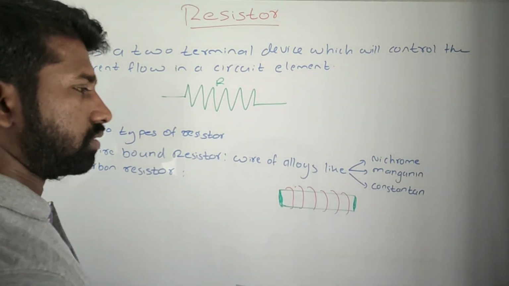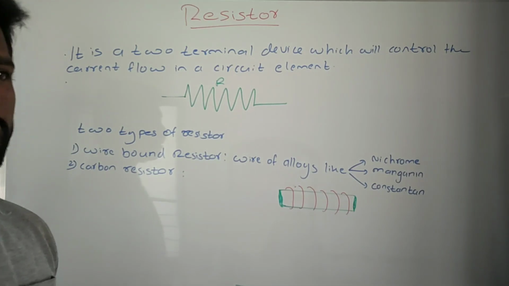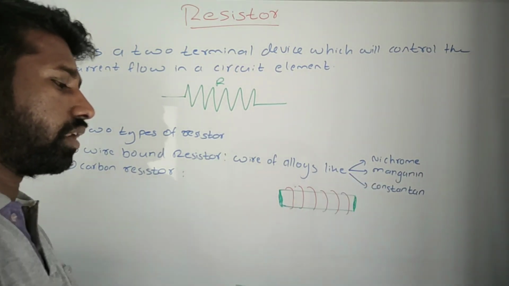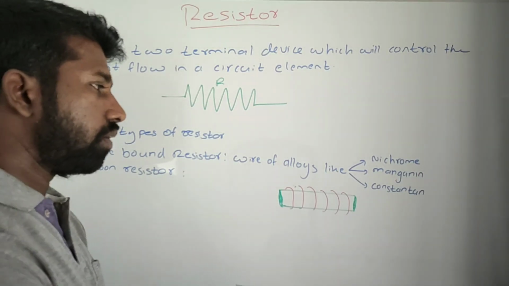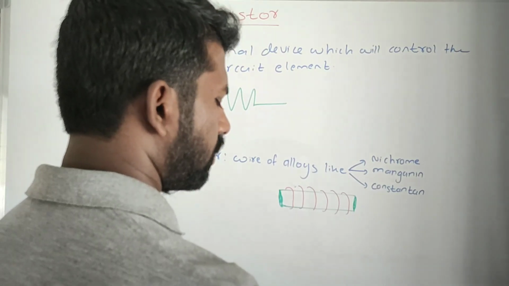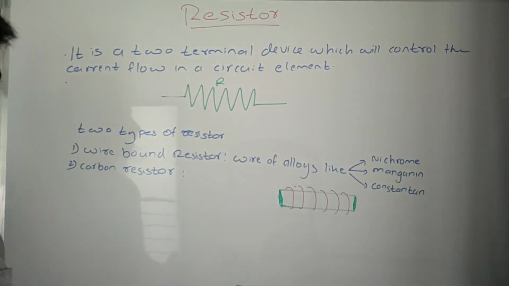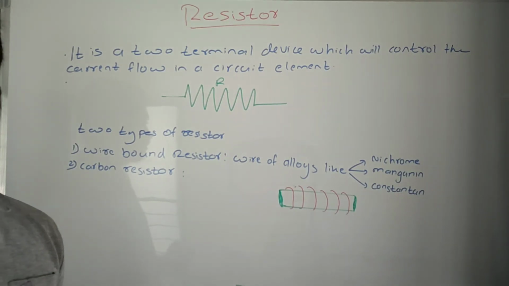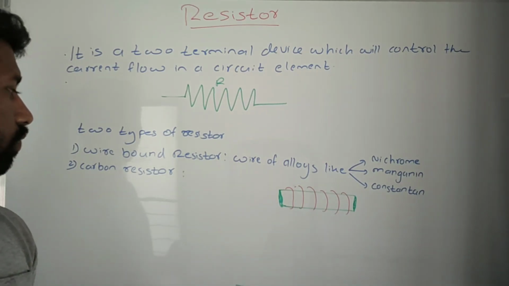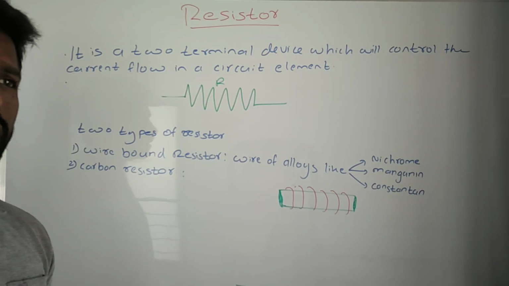Clear? Okay. And why are we using nichrome, manganese and constantan? Because the resistivities of nichrome, manganese and constantan do not change with temperature. So we can say that the temperature coefficient of these materials is nearly 0. Clear? Okay. So that is the wire bound resistor. An example of the wire bound resistor is the rheostat.